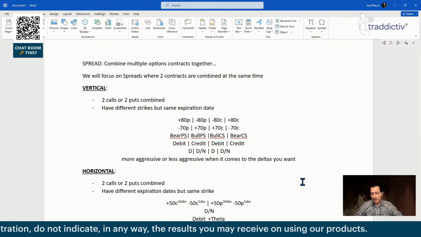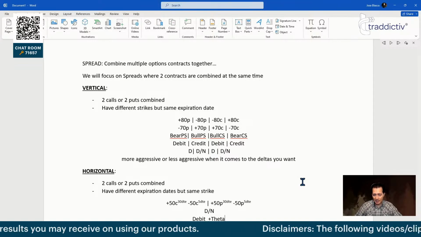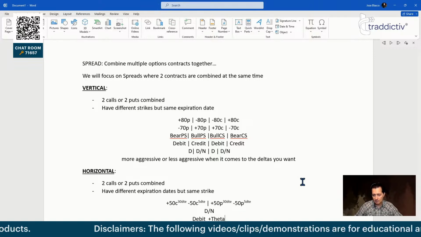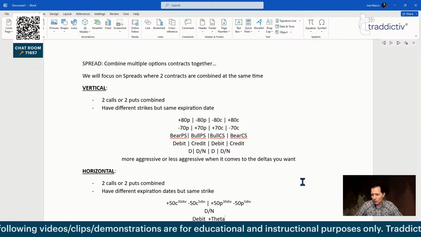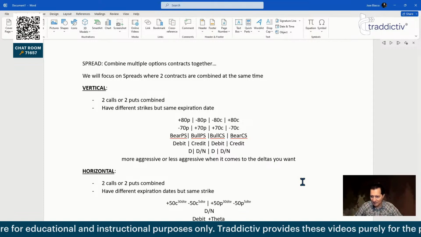So the beauty here is that with a horizontal spread, you have a very mild exposure to direction. So you don't make too much money on direction. And actually, the worst case scenario is that the stock moves all the way to your target in one day.